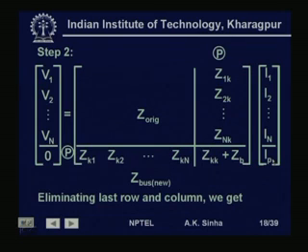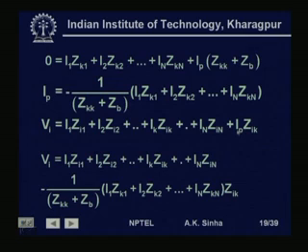That is what we are getting here. I am sorry, this is Ip into Zik. Now, we know the value of Ip from here. So, we can write Vi is equal to all this term plus Ip into Zik. This term is Ip, so Ip into Zik we can write like this.